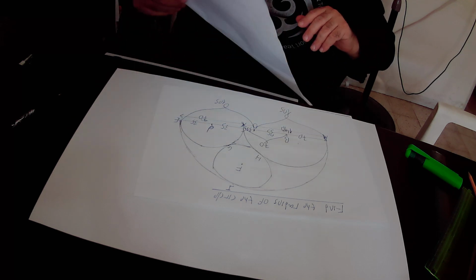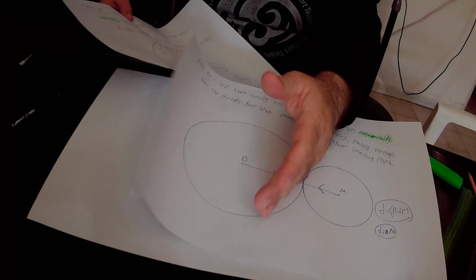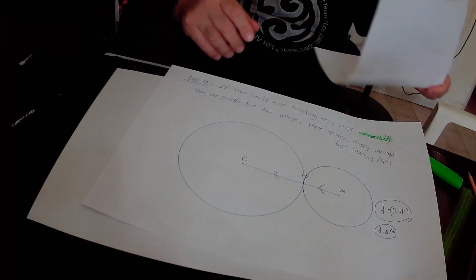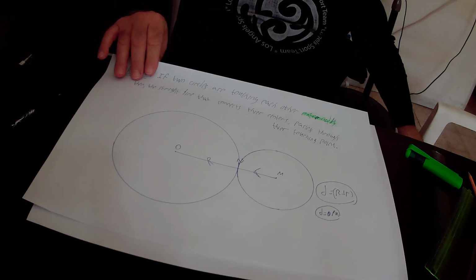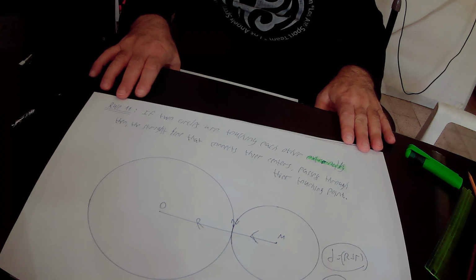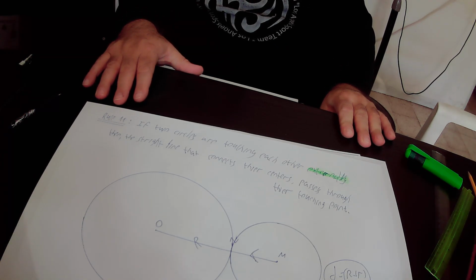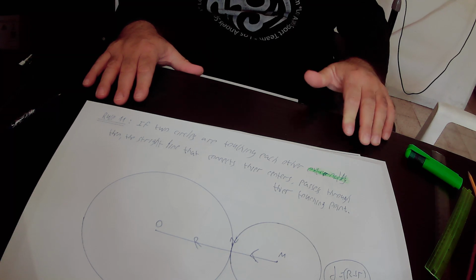Then we also have rule number 11. According to rule number 11, if two circles are touching each other externally, then the straight line that connects their centers together passes through their touching point.